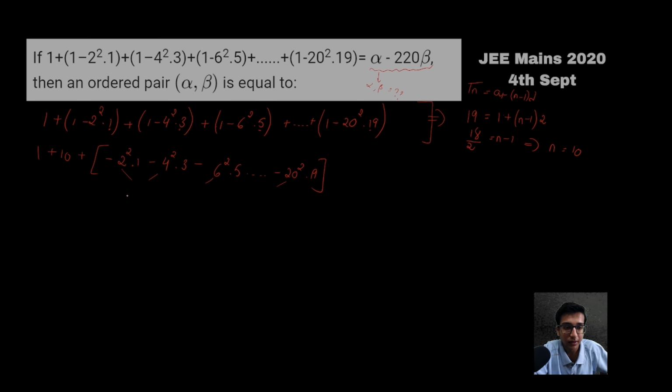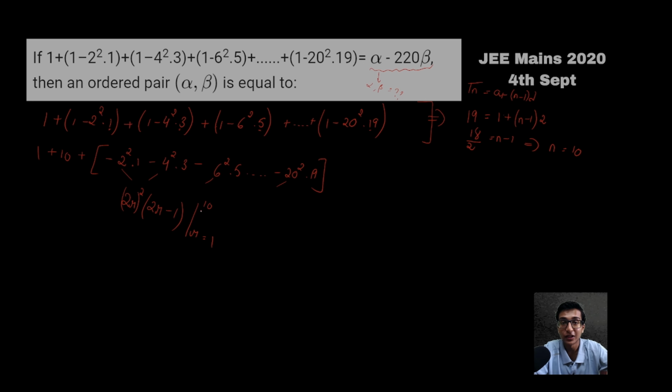You can say that this is (2r) whole square into (2r minus 1), and in this part r ranges from 1 up till 10.